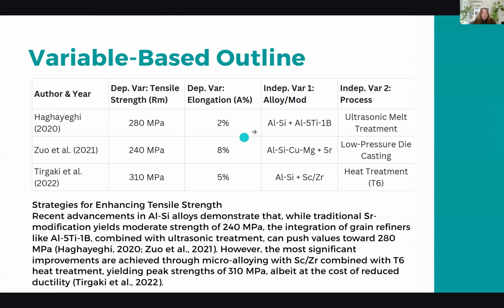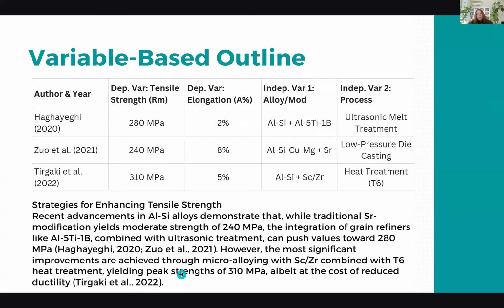So basically, you can dedicate one of your sections of your literature review to tensile strength and the second one to elongation, or you can combine them in a single section about mechanical properties, for example, and then describe different ways they can be affected.